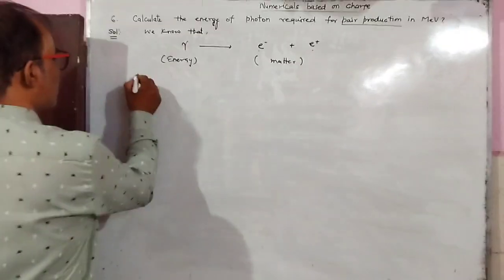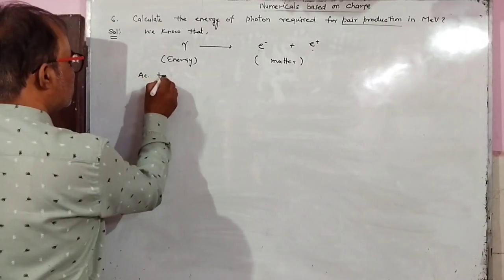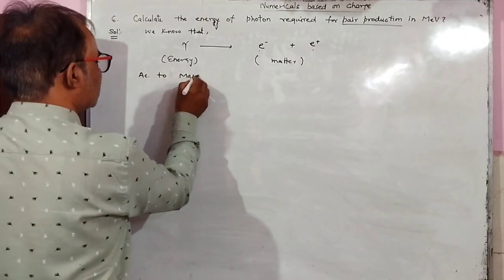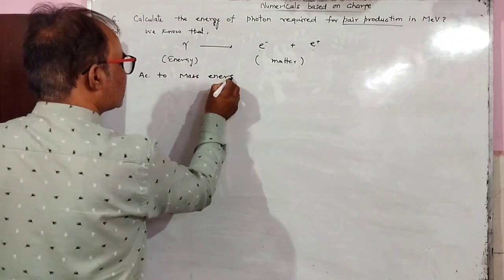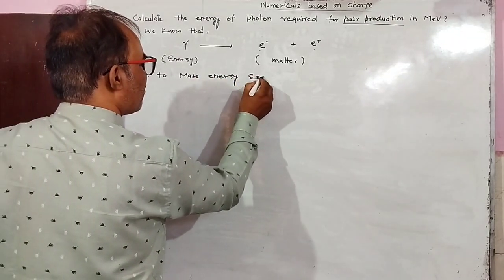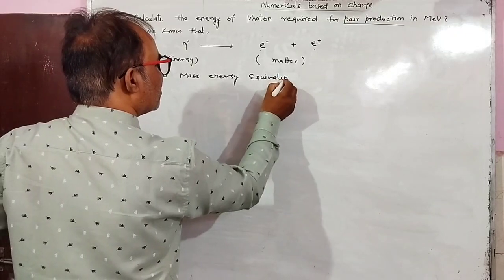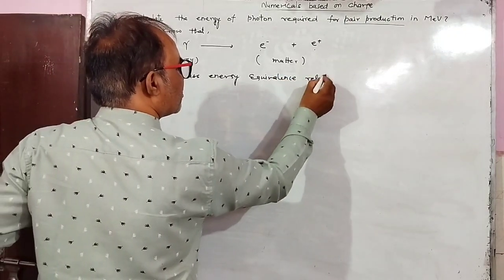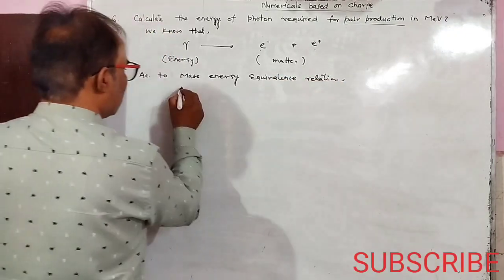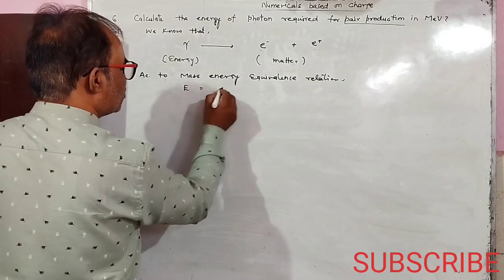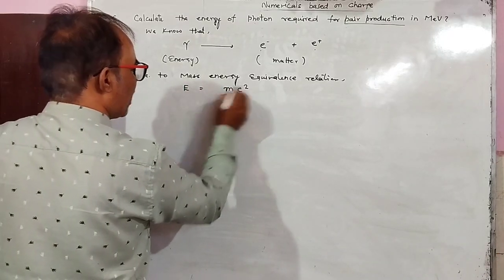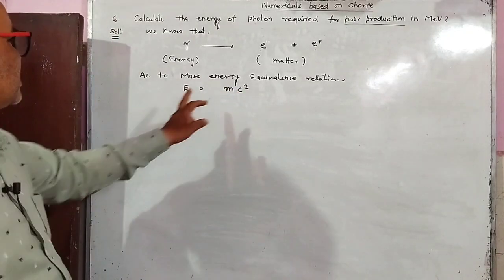So according to mass energy equivalence relation of Einstein, we have energy is equal to mc square. This is the famous Einstein relation.